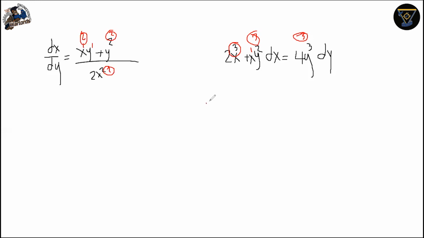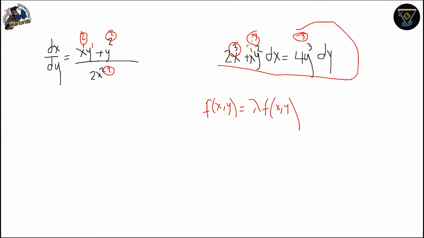I think it's something like if you have f of xy, it should give you lambda of f of xy, right? But this is just a shortcut. If the powers, when you add them up, are the same throughout, that's how it is homogeneous.